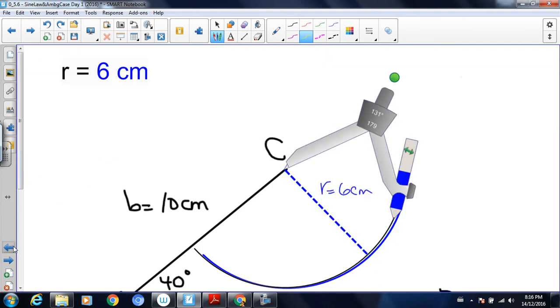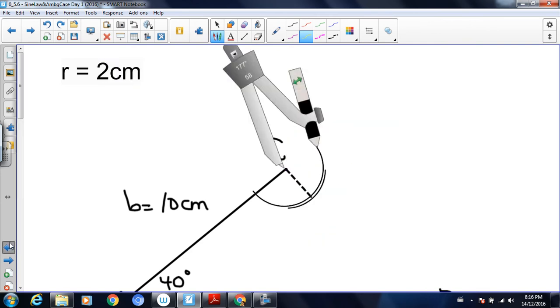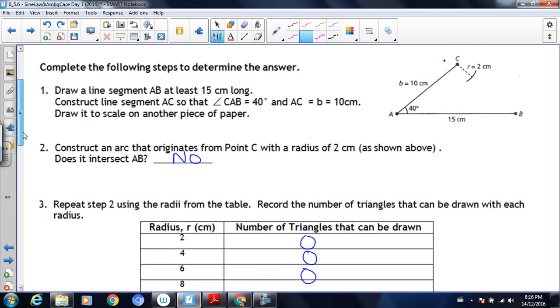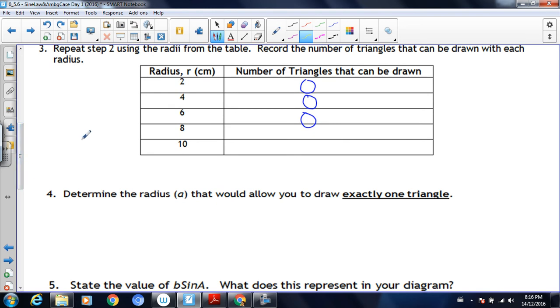So now let's go back to our chart and fill this in. For a radius of 8, we actually have two triangles, one that's an acute triangle and one that's an obtuse triangle.